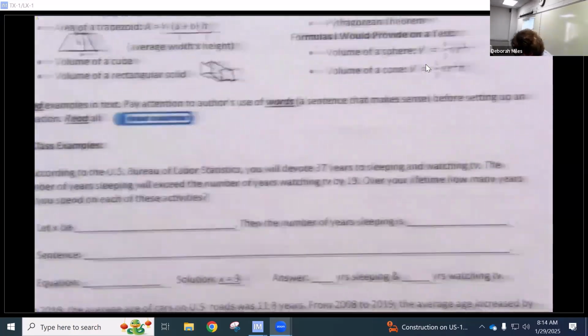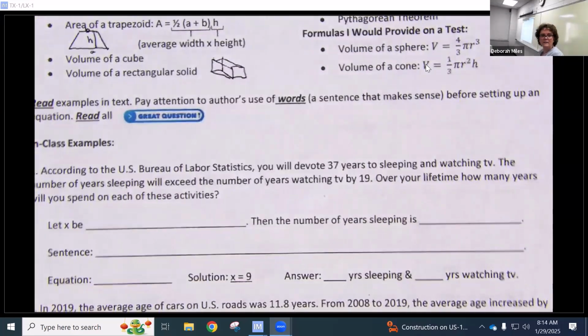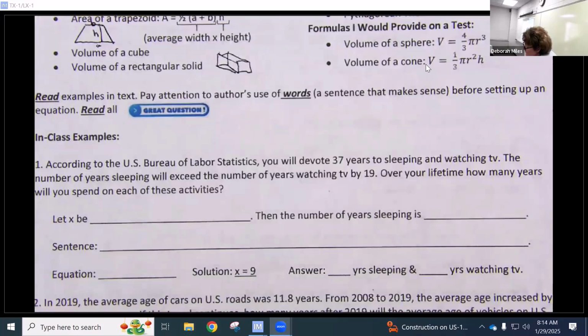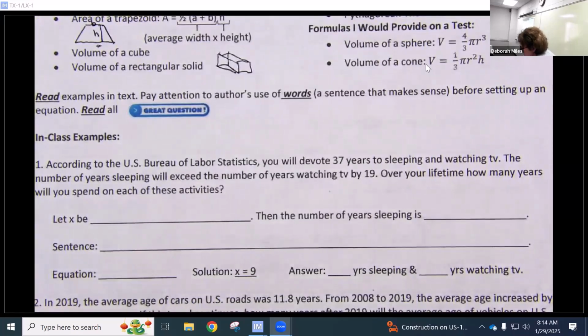So in class examples, number 1: according to the U.S. Bureau of Labor Statistics, you will devote 37 years to sleeping and watching TV. The number of years sleeping will exceed the number of years watching TV by 19. Over your lifetime, how many years will you spend on each of these activities?